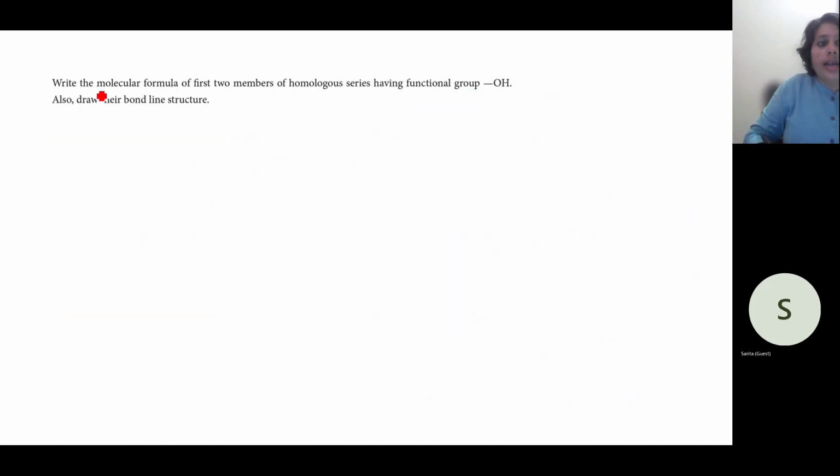Next question. Write the molecular formula of the first two members of the homologous series having functional group OH. Also draw their bond line structure. Functional group OH means these are alcohols. So what is a homologous series? A series in which the adjacent members differ by one CH2 group.